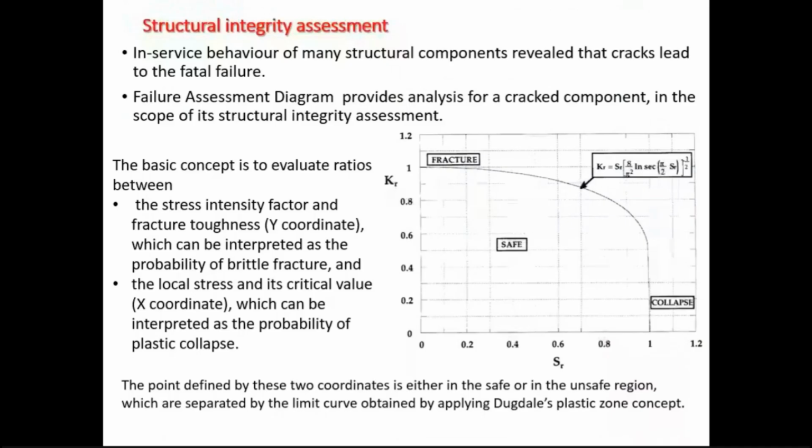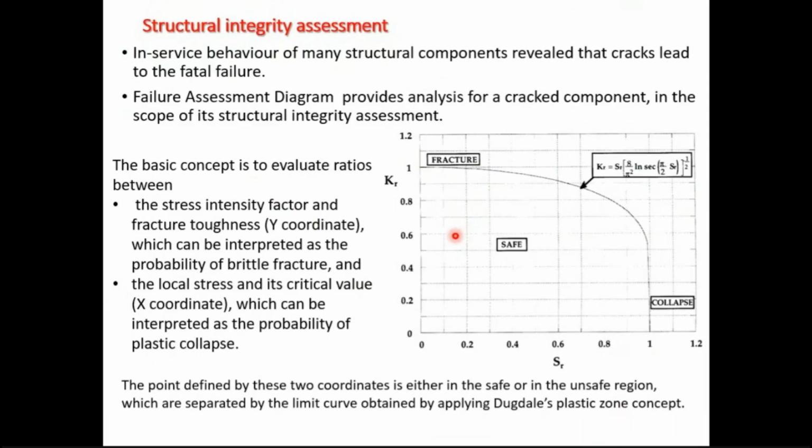In any case, our idea to get a probability is an original one, as introduced a decade ago in one doctoral thesis. You can see here a failure assessment diagram, and let's think about a point somewhere here, as if we had already calculated our coordinates and positioned the point here.